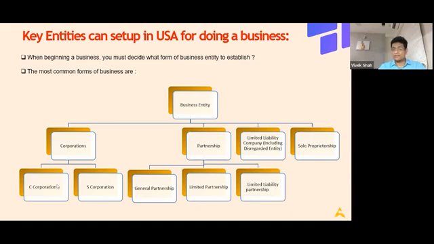And the S corporation is never possible for any foreign person because one of the conditions for an S corp is that all the shareholders must be US residents. That is the first condition of the S corp. So if you are a foreign person, not a US tax resident, an S corporation is not an option for you.